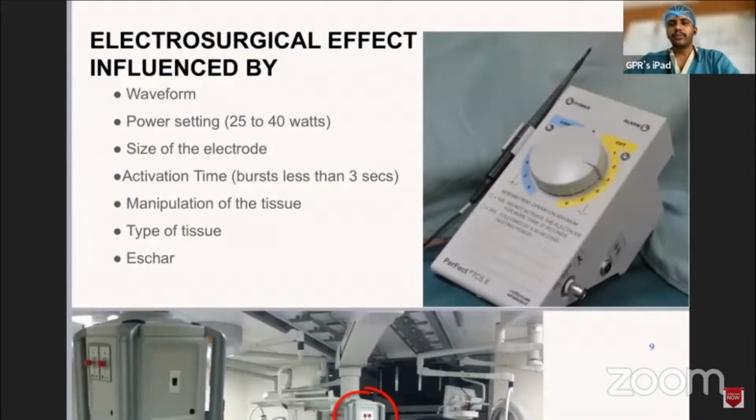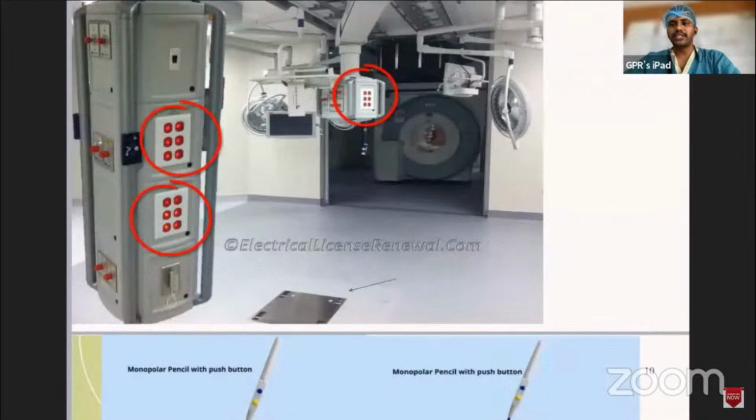So this is how a proper electrosurgery OT setup will look. But I want you to look at the floor of the OT, where we can see a metal shield, which I have marked with the arrow. That is called a conductive tile, which is used to conduct the current.